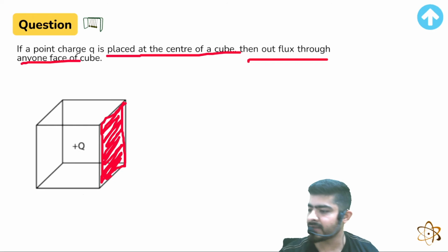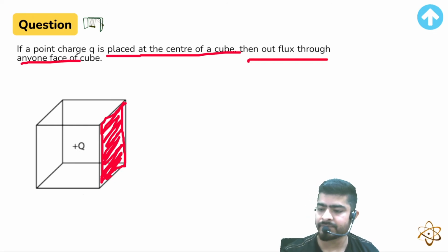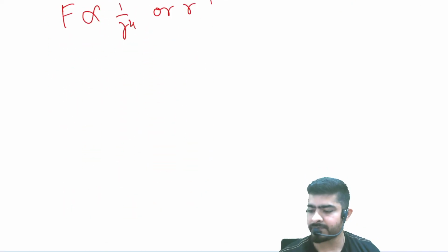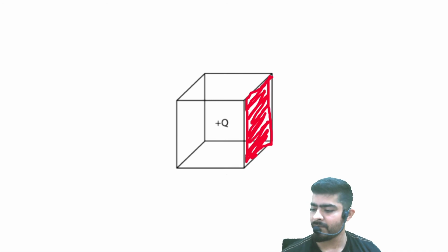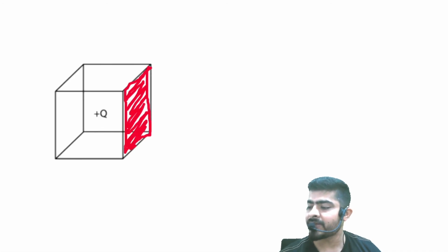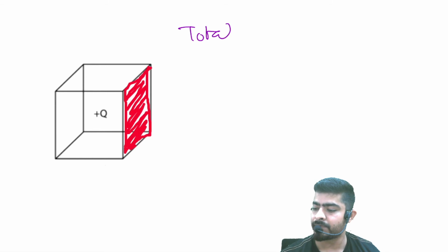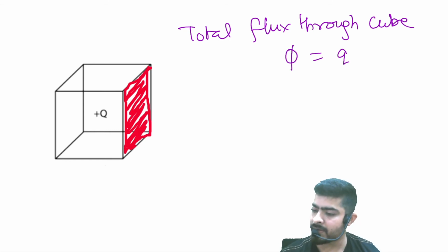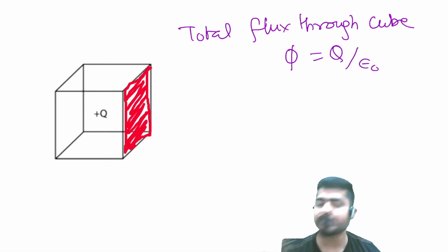Think, answer this. Okay, then let me try now. So total flux through the cube is how much? Phi will be, sorry, it's capital Q, right? So capital Q by epsilon naught.